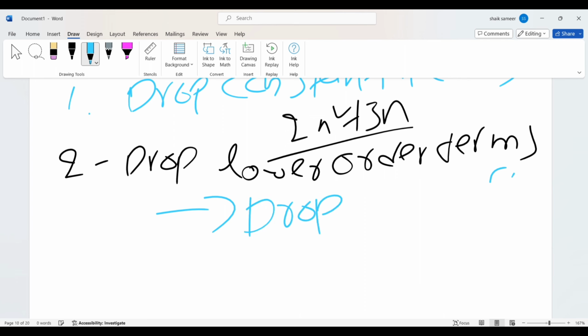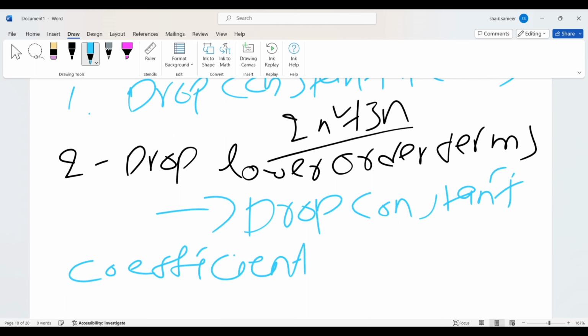Drop constant coefficients. So the 3 can be dropped.